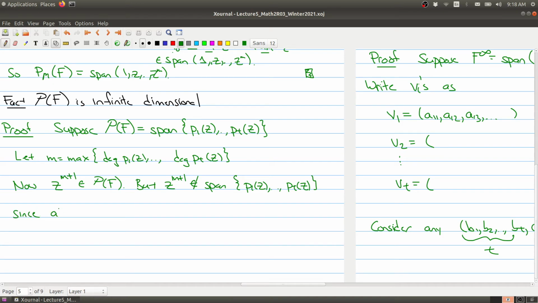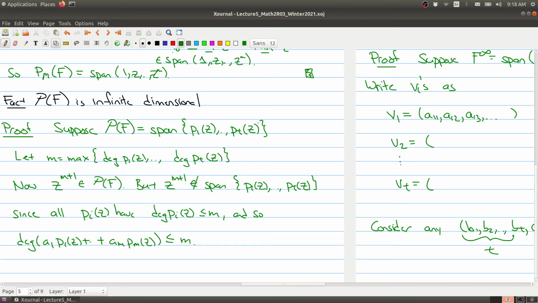Since all the pi(z) have degree less than or equal to m, the degree of any linear combination of these polynomials is going to be less than or equal to m.